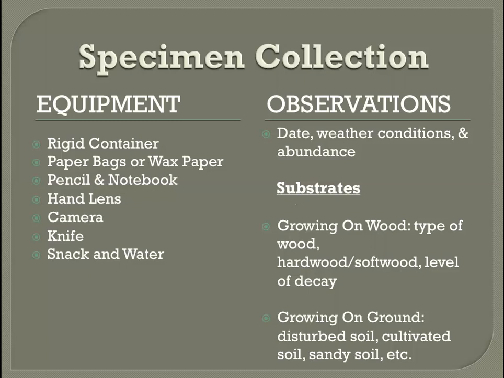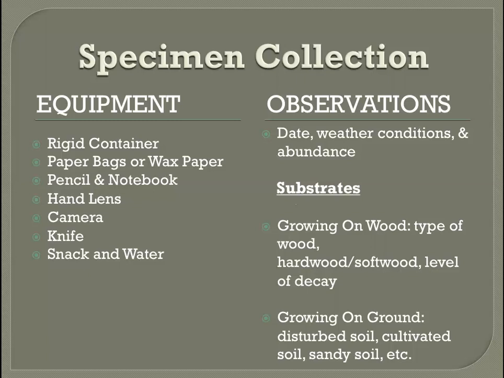I like to use a flat-bottomed, rectangular, or square, or even round basket. If you don't have one of those, you could use a paper bag, or you can use wax paper to kind of fold those mushrooms into.